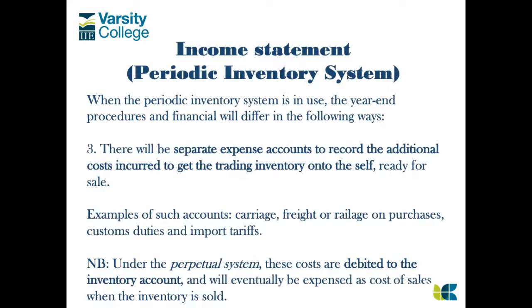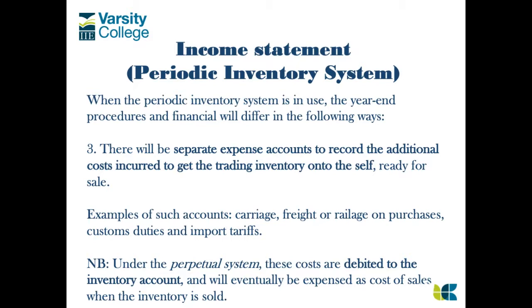Then moving on, third difference. Remember, as I was saying, carriage, freight, railage on purchases, customs duties, all of these things now need to be incorporated in that cost of sales calculation. Under the perpetual, we wouldn't need to do this because we know that in the trading inventory account, all these things would already be included.